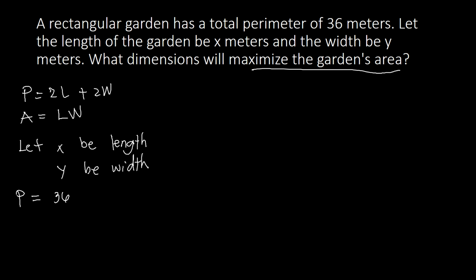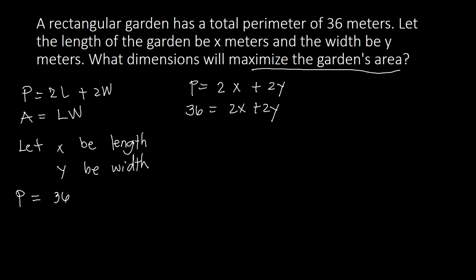Here we have our P that will be equal to 2L, or the length x, plus 2W. Our P is 36 based on the problem. So we'll be replacing our P here by 36, and that's equal to 2x plus 2W, and by the way, the W there is going to be replaced with y, according to what we let a while ago.